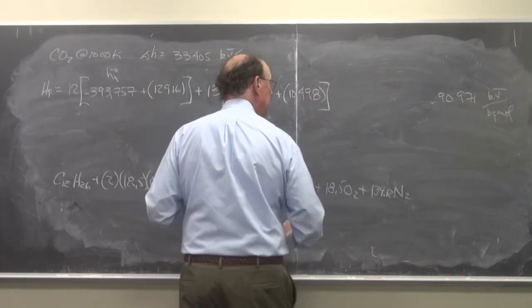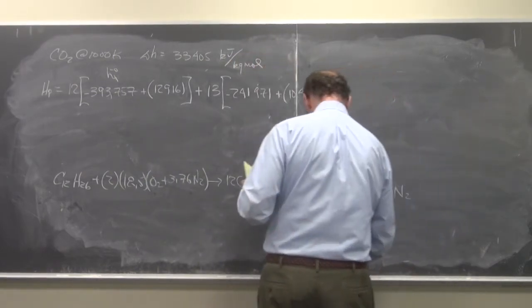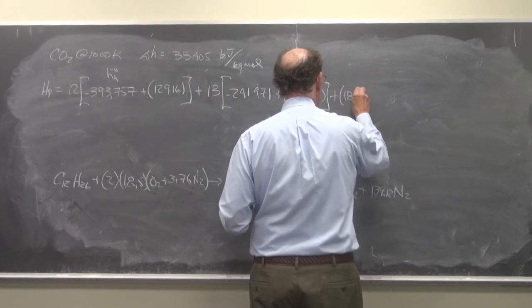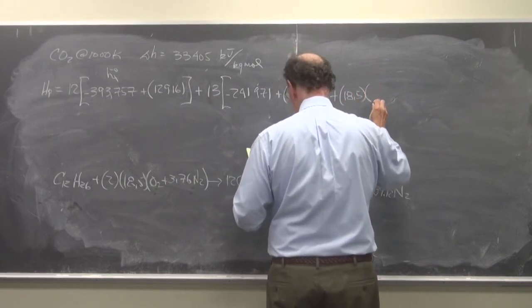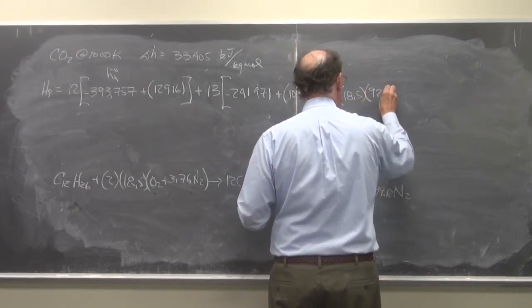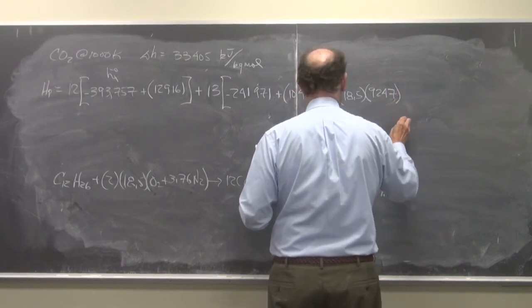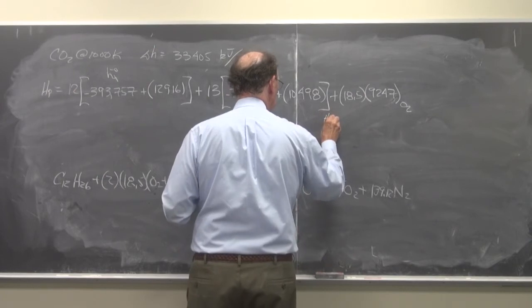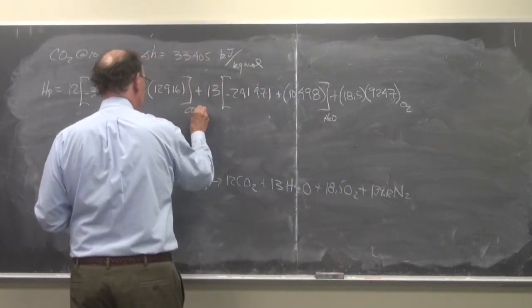Then I'm going to have the oxygen and the nitrogen. So I have plus 18.5 times the delta H, 9247. And this is for the O2. And this is for the H2O and the CO2.